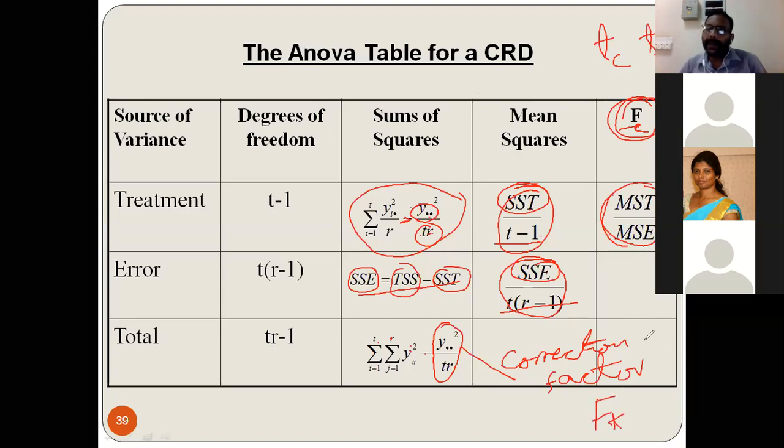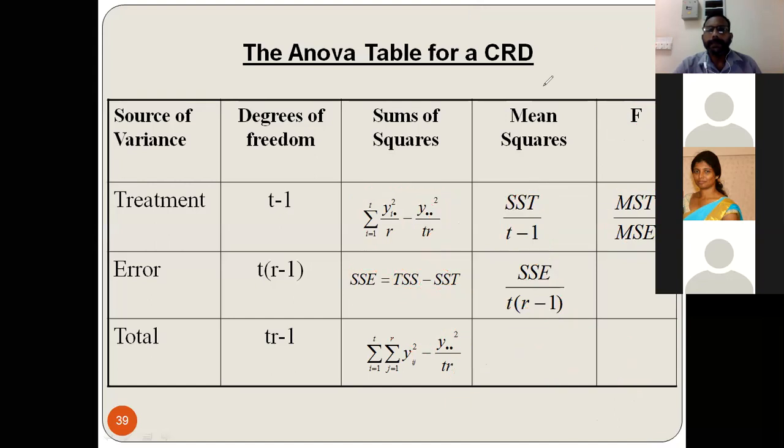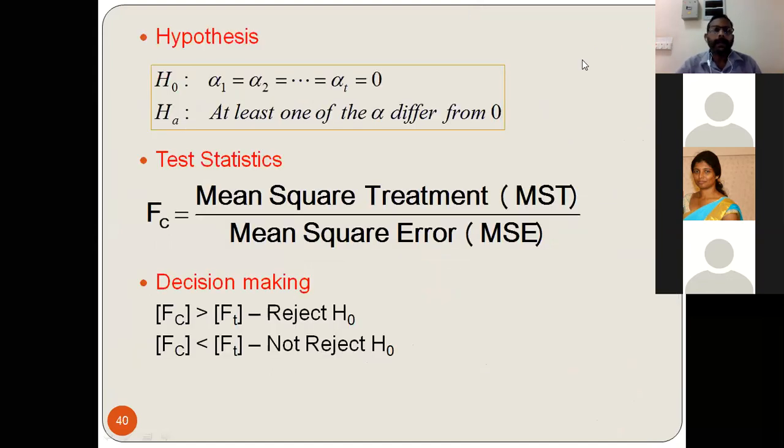The table value we can look up from the F table. Now, based on this F table, we'll have to make the decision as we did in other cases.